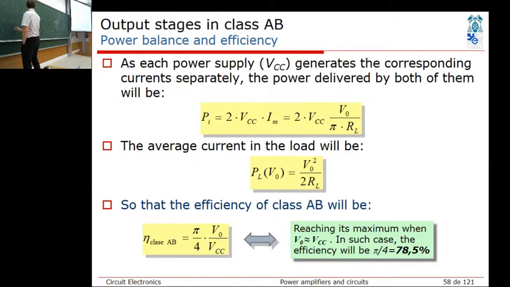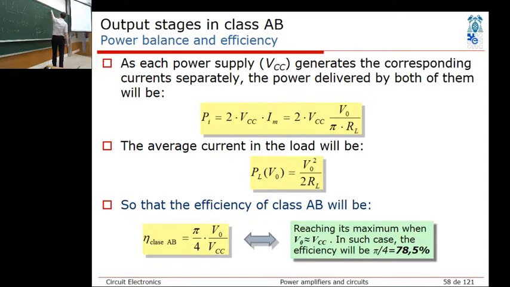We should always do the calculations IL times VL dt, and there we have the sinusoidal signal on output, and this was just V0 divided by RL.